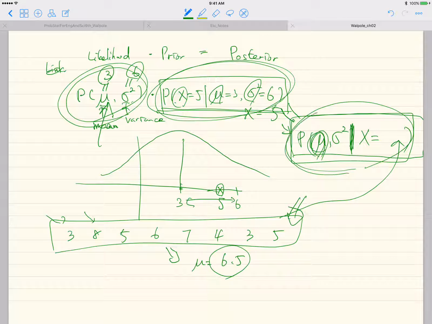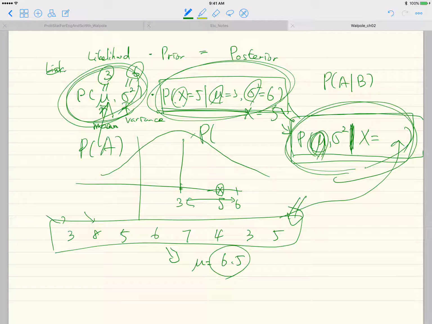This one is something like P of A given B, this is P of A, and this part is P of B given A. A is the parameter, B is our data. So A to B is the natural order, and this one, B then A, is the reversed order.